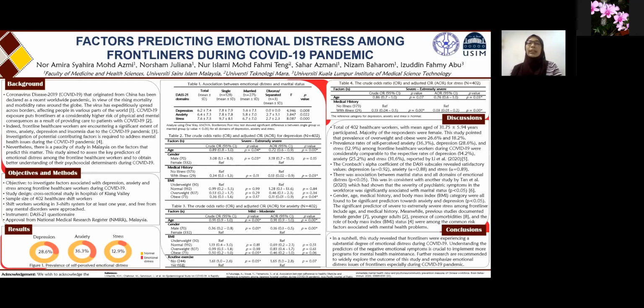Gender, age, medical history, and body mass index were all found to be significant predictors of depression and anxiety. Further research is recommended to explore the outcome of this study more widely and emphasize the emotional distress issues of frontliners during this COVID-19 pandemic. With that, I thank you.